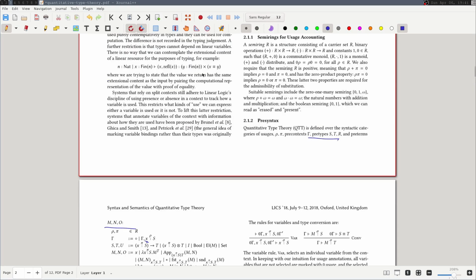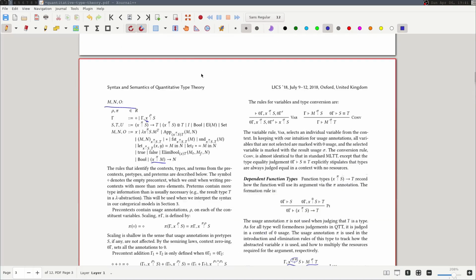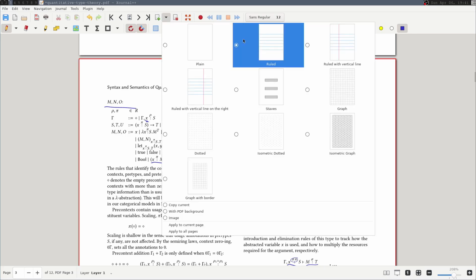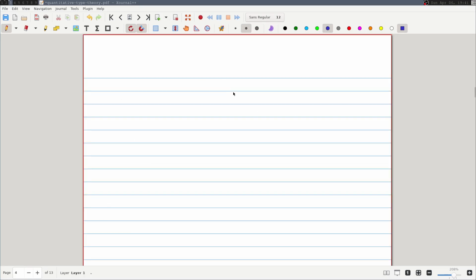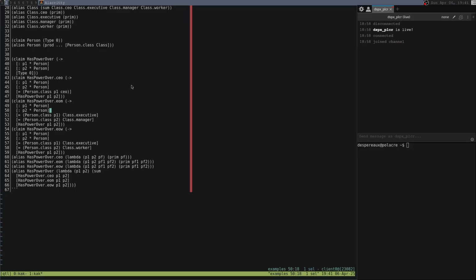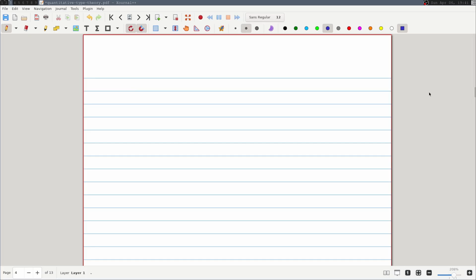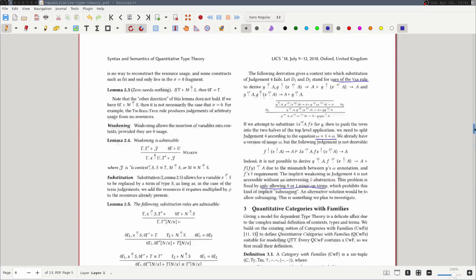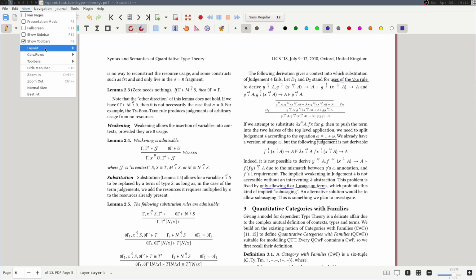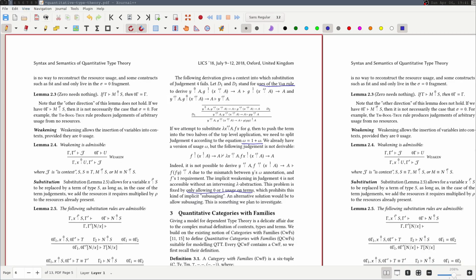Where did it go? There we go. All right. So what we have... Can I have like a side-by-side view? Not in the way that I want.